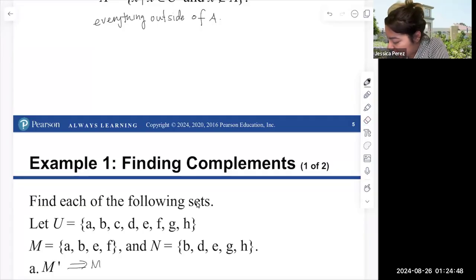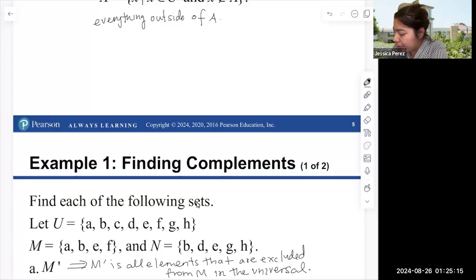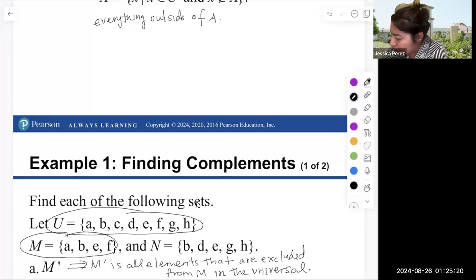Remember, M prime is all elements that are excluded from M in the universal set. So if we compare M and the universal set, we want to exclude those values. So we're going to exclude A, B, E, and F.